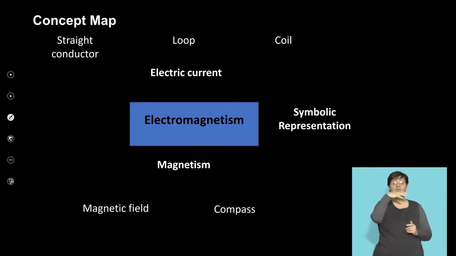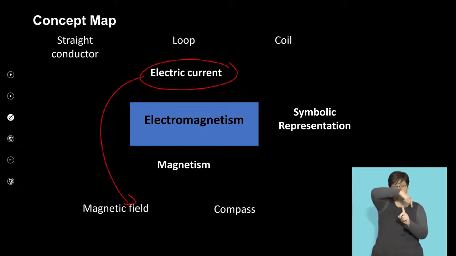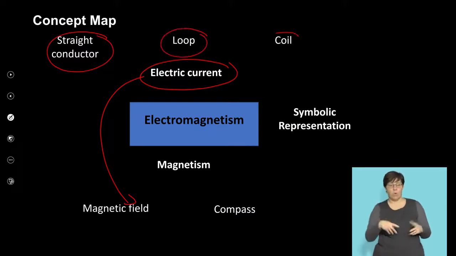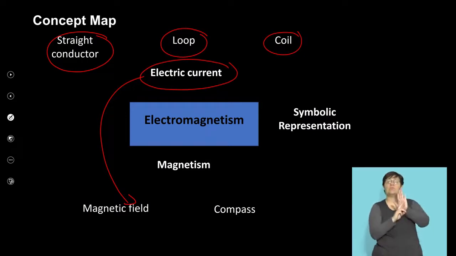Do you remember, electromagnetism dealt with electric current being able to produce a magnetic field? And we recognized that could happen if there was a current passing through a straight conductor or a loop or a coil, a solenoid. We also represented current and the magnetic field in different ways.